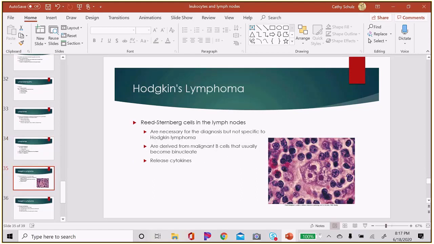Hodgkin's lymphoma, if I was going to pick which lymphoma I'd want, I prefer Hodgkin's. It's a little bit easier to treat. It is characterized by Reed-Sternberg cells. If you would take a biopsy of the lymph node that was affected, you would see these particular cells that kind of look like the eyes on Wall-E, if you ever saw that Disney movie.